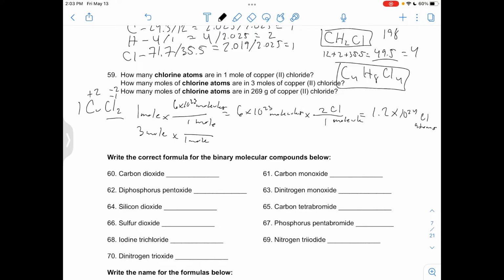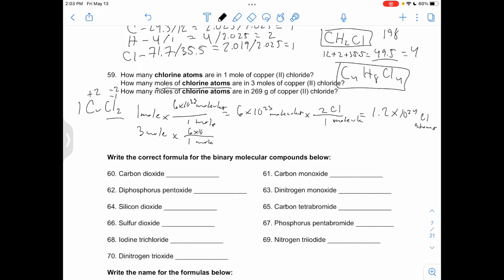And actually, since it's basically the same problem as the first problem, we're just going to multiply 3 times what we got initially. And actually, sorry, no, never mind. We want moles of chlorine atoms. So what I'm going to do is kind of do the same thing.